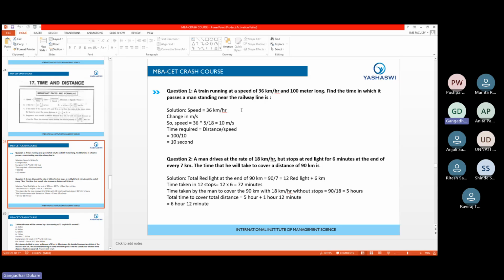The speed is given in kilometer per hour and the distance is given in meters.